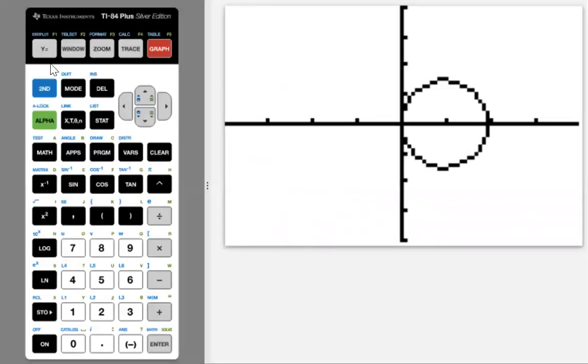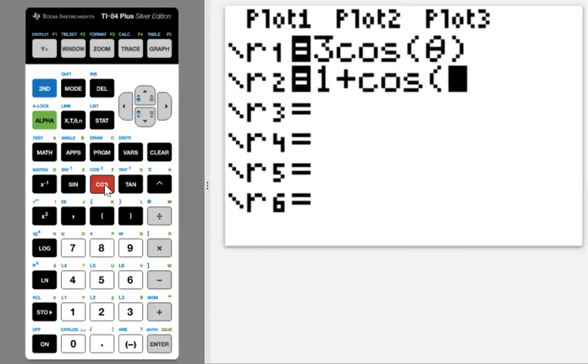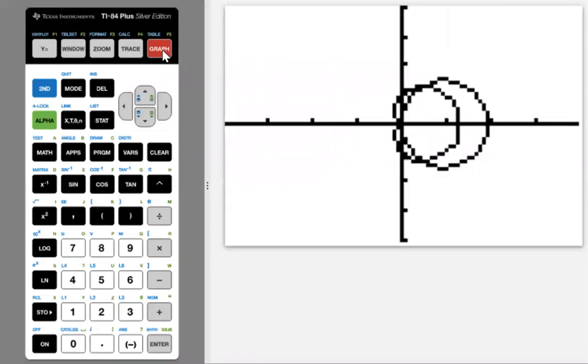For the cardioid, we type the equation r2 as 1 plus cosine of theta, and then sketch the graph. The smaller part is the cardioid.